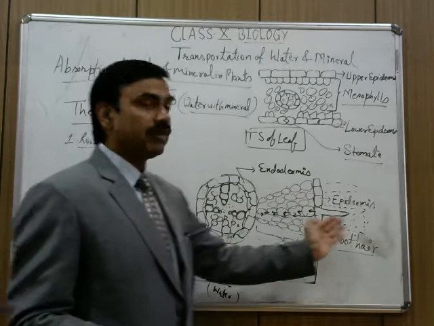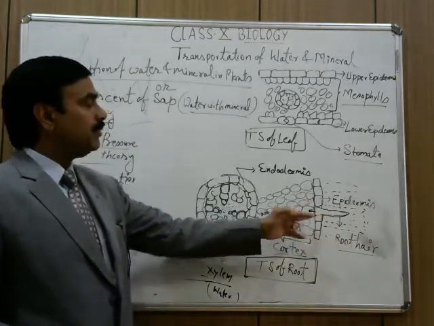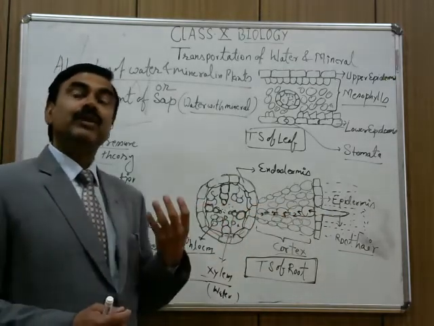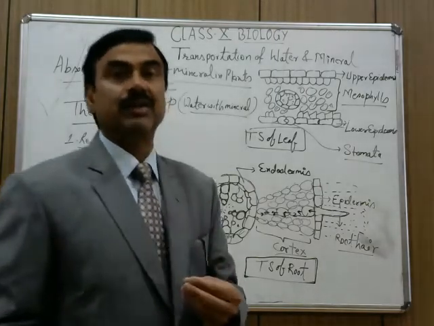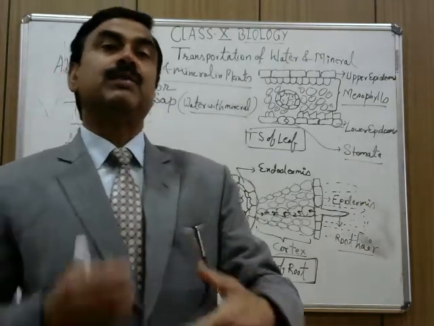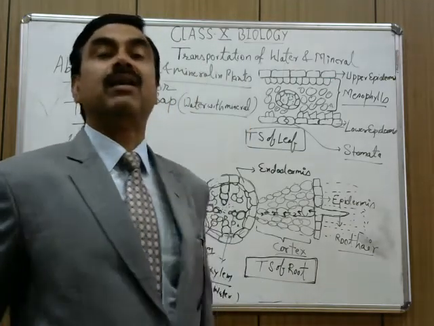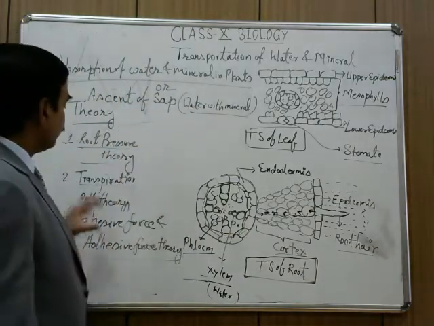This is the anatomy of the root. So root hair, epidermis, cortex, and then endodermis, and then moving to the xylem tissues, which is the main conductive tissue. Xylem plays a vital role in conduction, making the unbreakable column for this water and mineral.